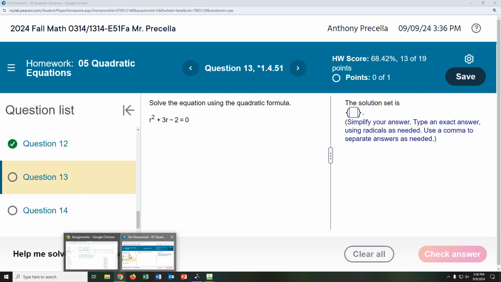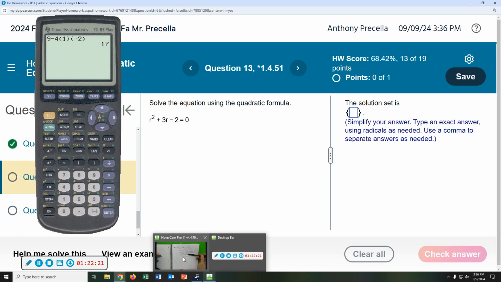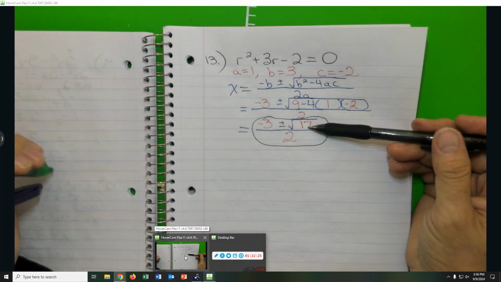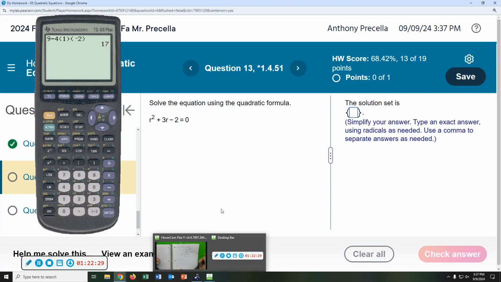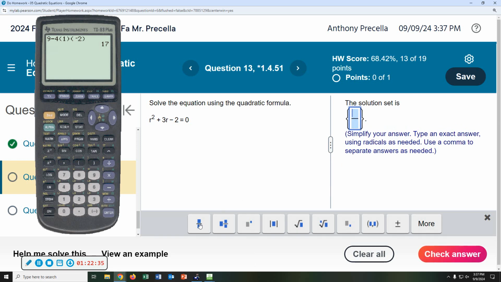Type this in. The way the numbers are algorithmically generated, they have it set up so that the numbers aren't awful. Okay, 17, couldn't reduce that. Here's our answer. And once again, I've used that fraction hot button to make sure I'm putting everything where I want it.